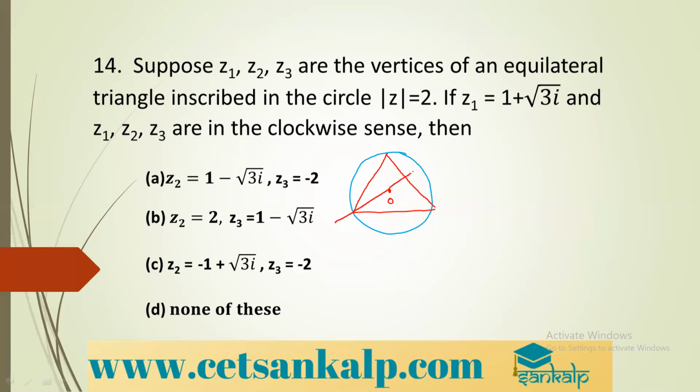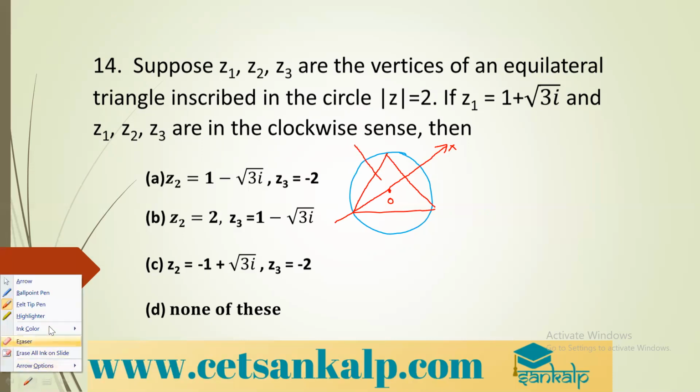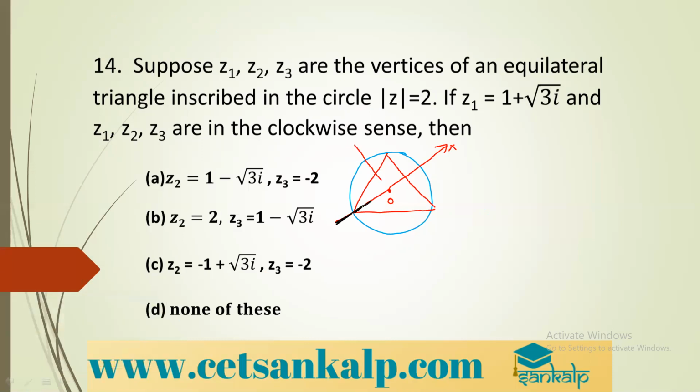So I will draw x-axis like this. This is x-axis. And perpendicular to x-axis, I will draw in black color. That would be better. So passing through the origin and one vertex, I will draw x-axis like this. And perpendicular to x-axis passing through origin, I will draw y-axis for convenience.